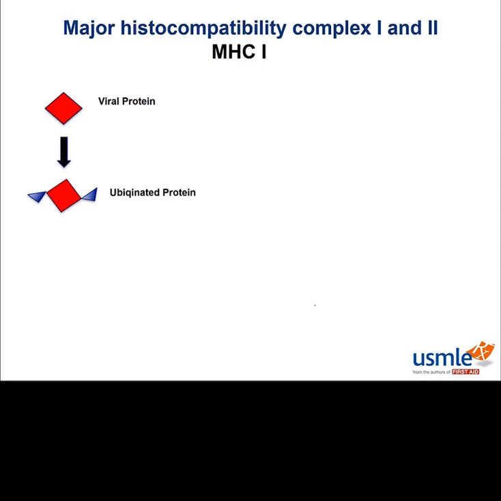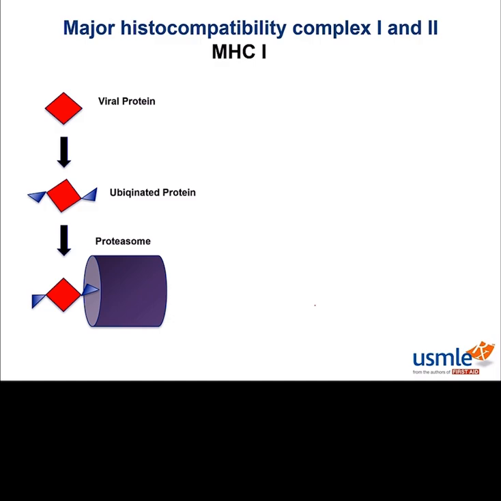Think of ubiquitin as a bunch of little GPS devices stuck on the sides of this viral particle. It marks this protein for cellular destruction. The ubiquitinated particle then gets processed in a proteasome. It gets broken down into bite-sized peptides, which the MHC1 molecule is able to handle.